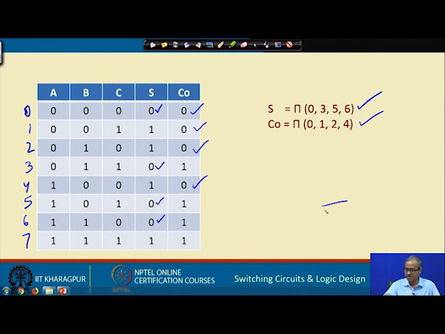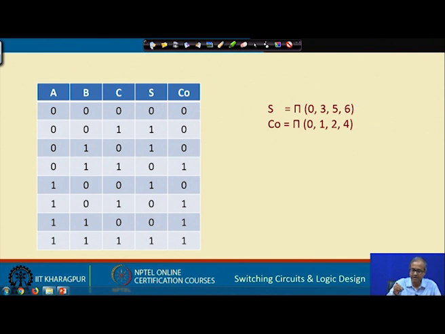So, you see this is a very simple way in which, starting from the truth table, I can directly write down a sum of products or a product of sums expression which is canonical. Canonical means it consists of either a sum of some minterms or a product of some maxterms. This, as I said, is called canonical representation.